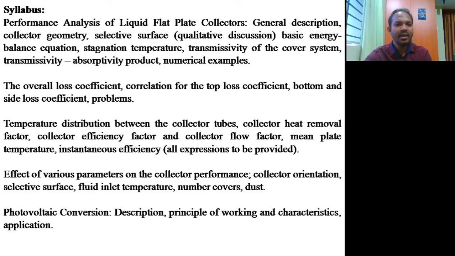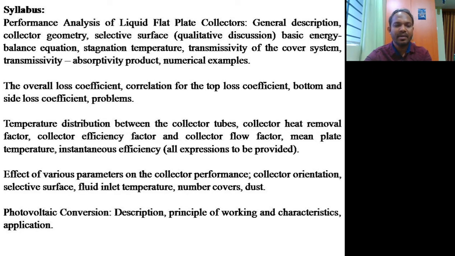Then we will discuss the temperature distribution between the collector tubes, collector heat removal factor, the collector efficiency factor, and also the collector flow factor. These are the few factors which are related to the temperature distribution. Then the mean plate temperature, instantaneous efficiency, all the expressions we are going to deal with, and no derivations as of now.